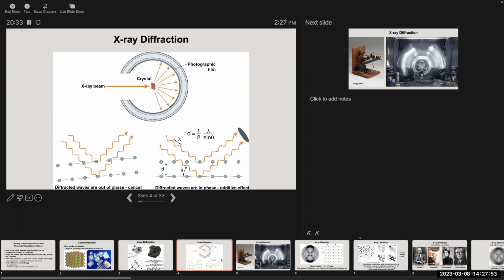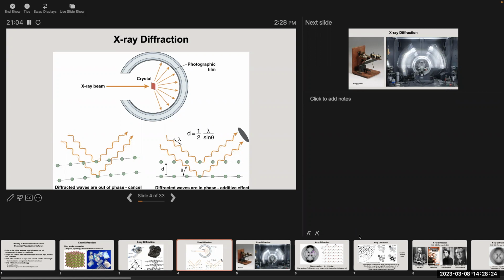And it's d equals 1/2 lambda over sine of theta. So what are the variables? Well, d is literally the distance between the repeating objects in your crystal, what's actually forming this diffraction grating, causing the X-ray beams to bend or diffract.